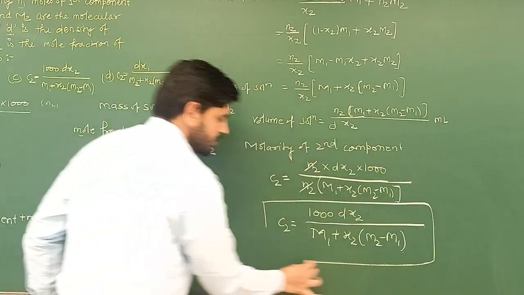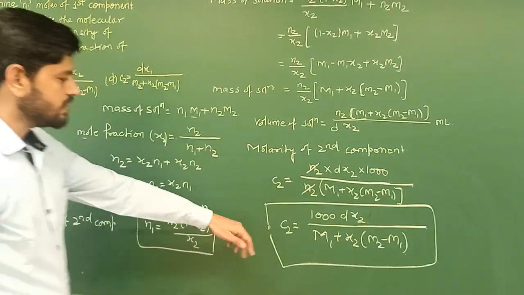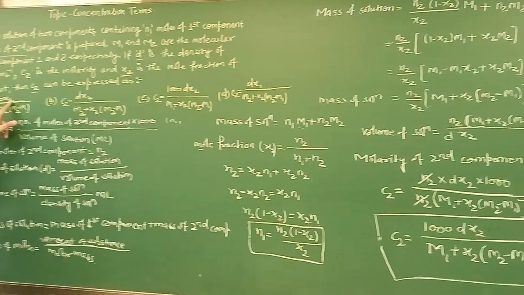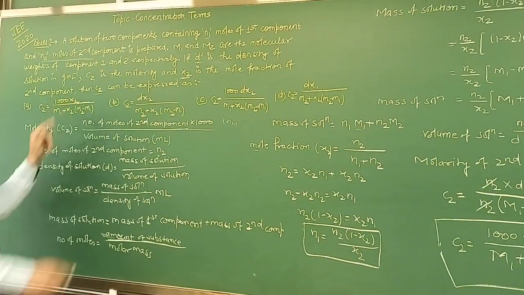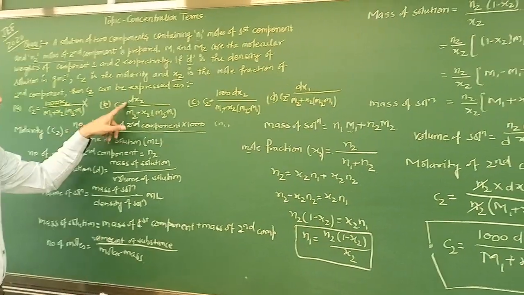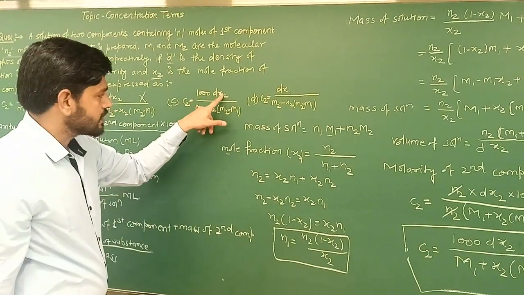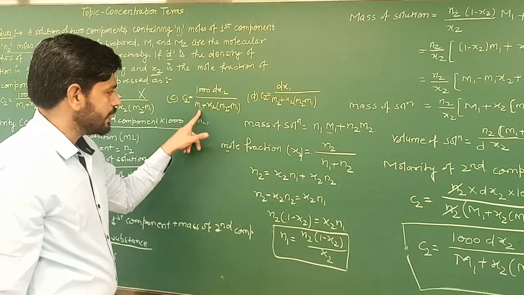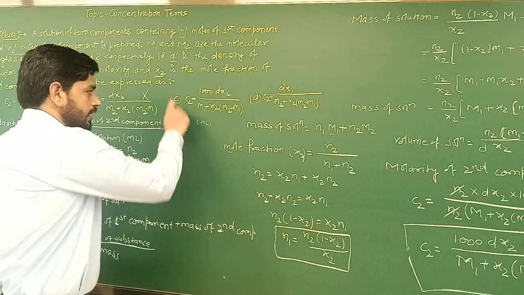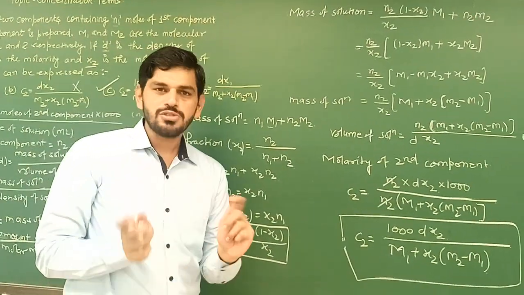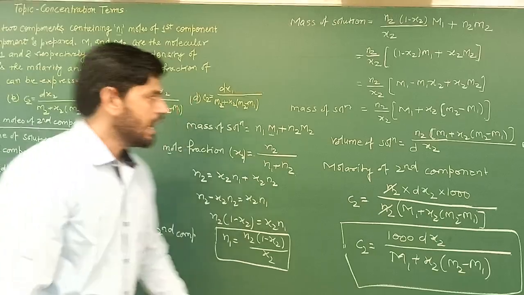Now we just match it with our options. This is 1000 into X2 divided by, but there is no D, therefore this is not our option. D into X2, no 1000 is here. 1000 into D into X2 divided by M1 plus X2 into this one. From here, we can also eliminate two options. How?